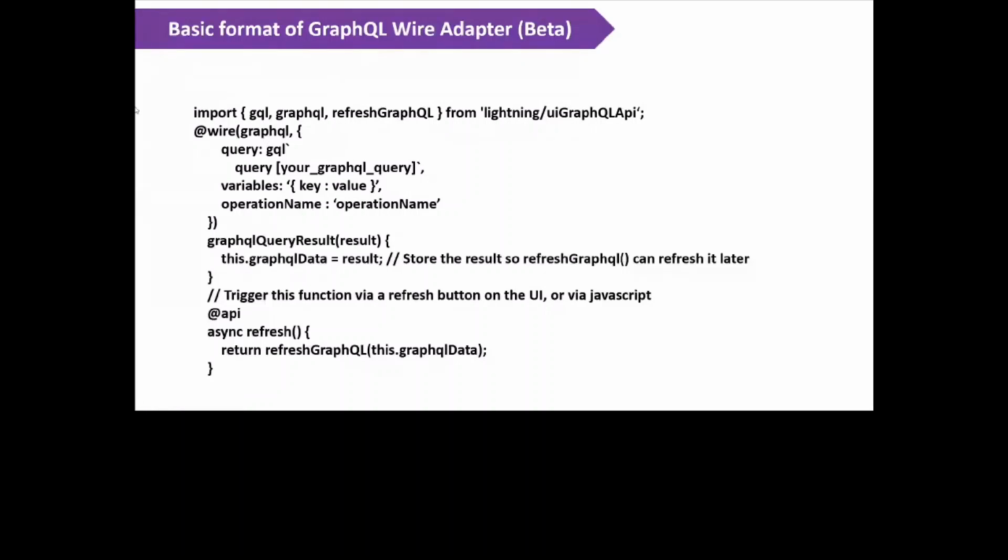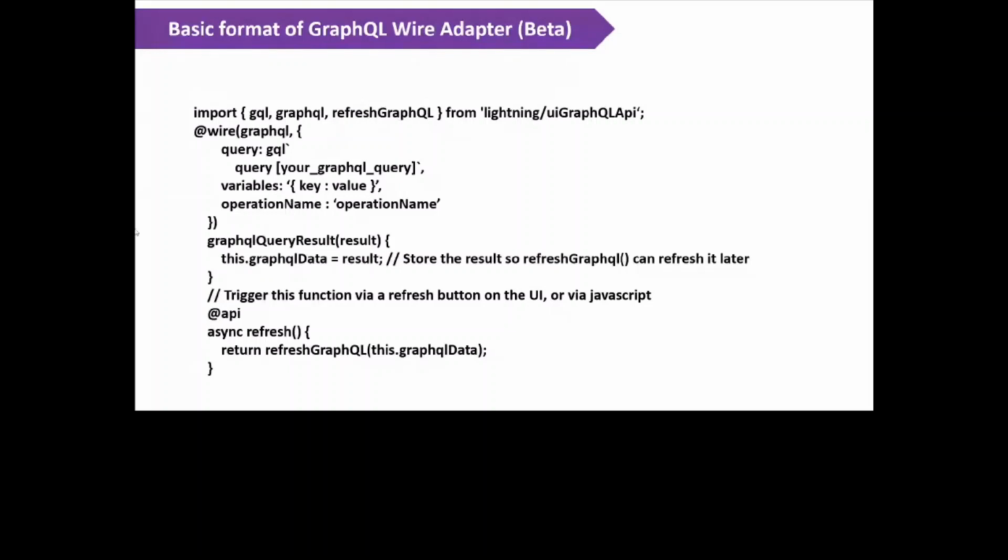I'm defining graphql here, and then I'm defining parameters. Here also the same parameters: query, variables, operationName. Here query contains the partial GraphQL query, and it is a combination of gql and your query. So we need to give the gql function, and then you can define your GraphQL query.